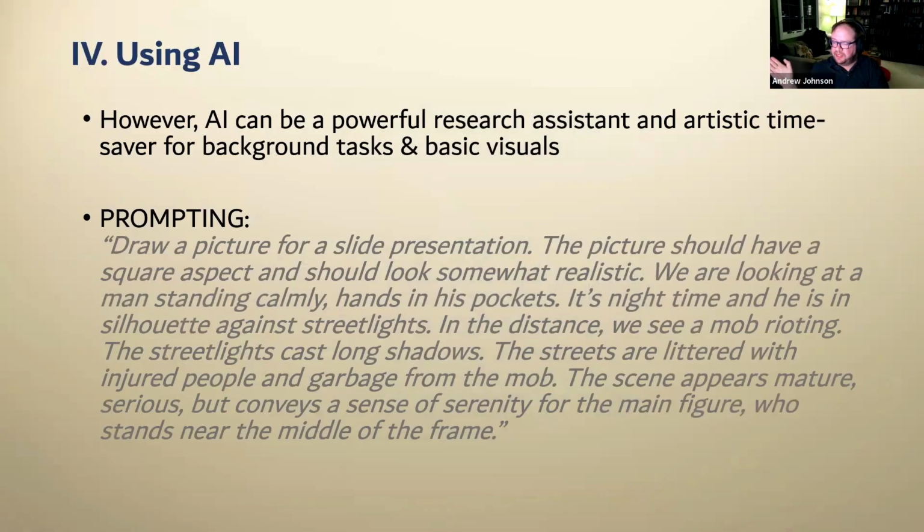We're looking at a man standing calmly, hands in his pockets. It's nighttime. He's in silhouette against the streetlights. In the distance, we see a mob rioting. Streetlights cast long shadows. Streets are littered with injured people and garbage from the mob. The scene appears mature, serious, but conveys a sense of serenity for the main figure who stands near the middle of the frame.